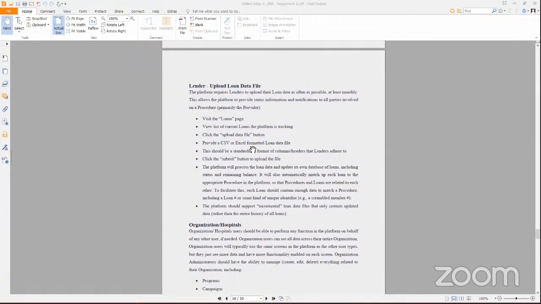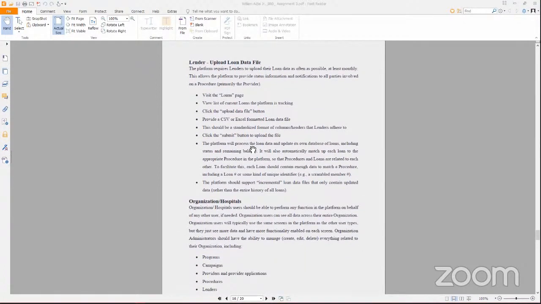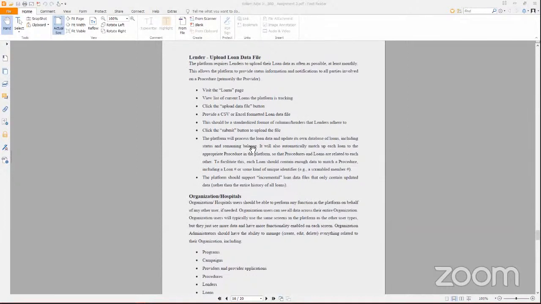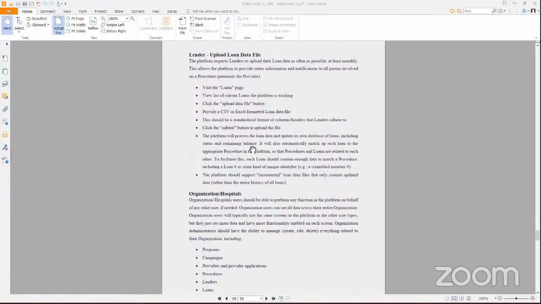So we have the processes here that will be on the platform. So you visit the loans page, the view list of current loans the platform is tracking. You click the upload data file button. Then you provide a CSV or an Excel formatted loan data file. This should be a standardized format.